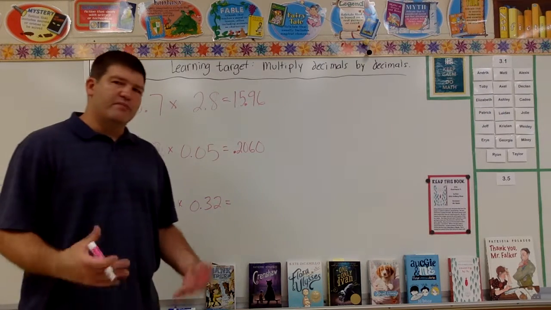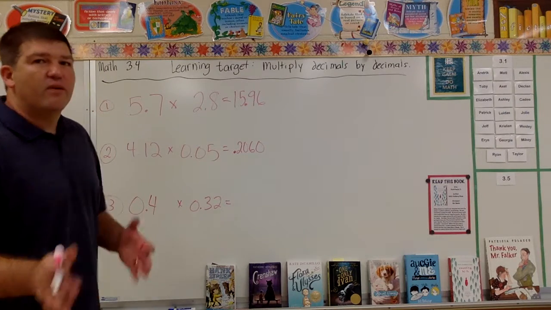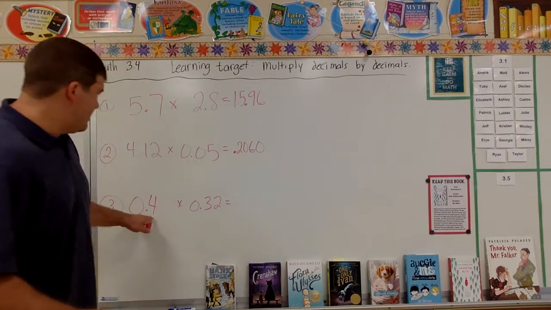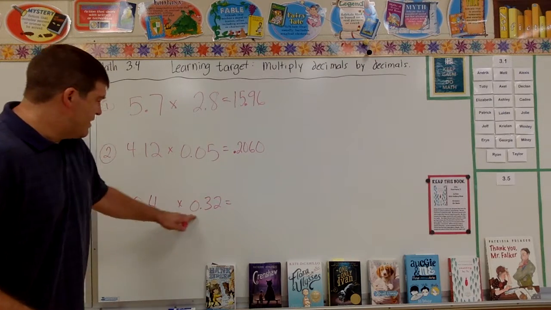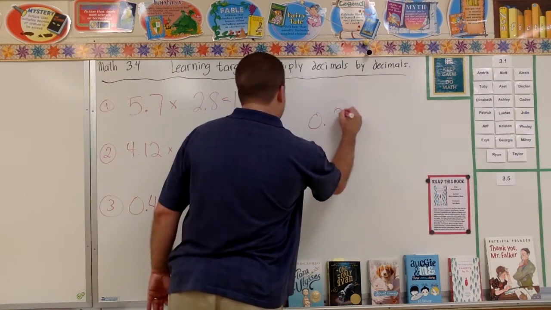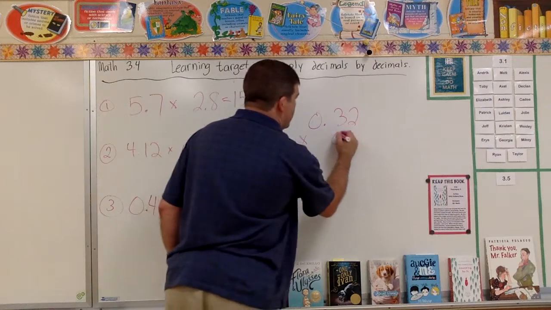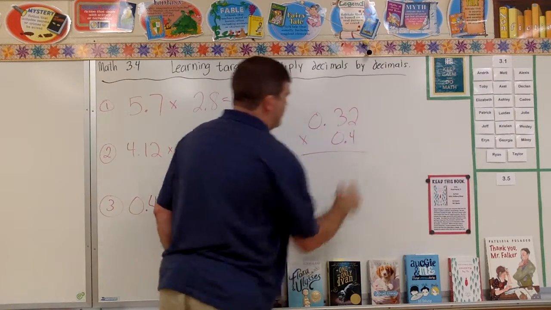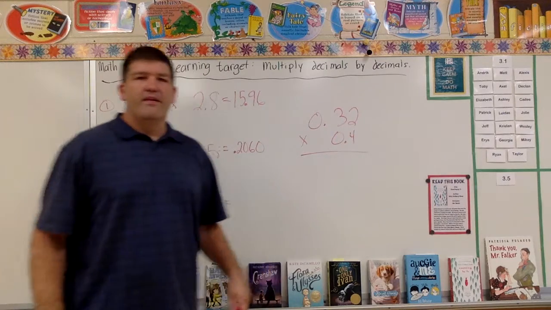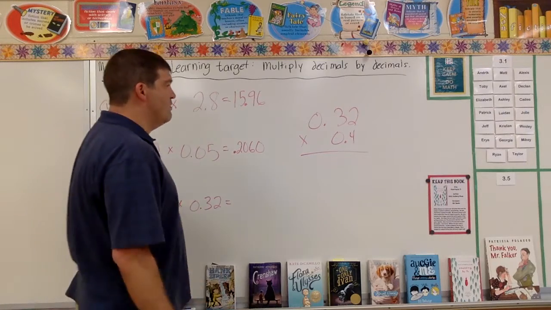And you'll see how the decimals don't line up the same. And it's okay. You can't line them up. That's only important with adding and subtracting. Okay. So this one has more digits than this, so I put this one on top. 0.32 times 0.4. Okay. I got my numbers lined up, but the decimals aren't, and it doesn't matter. It's all good.